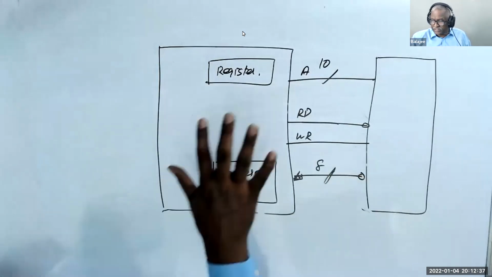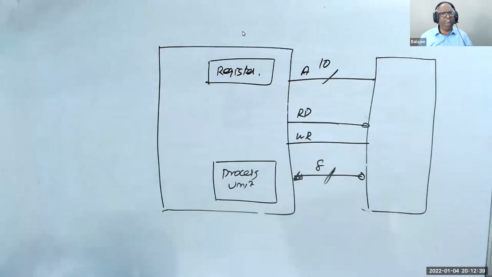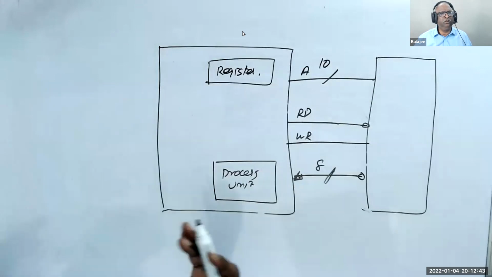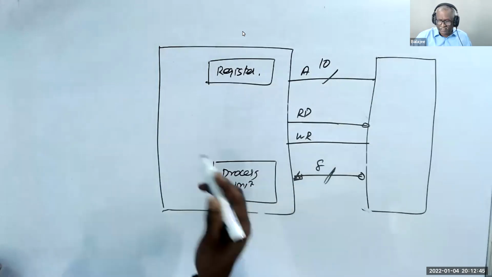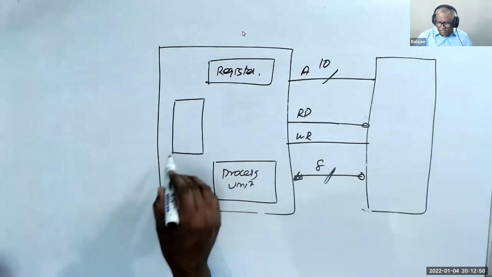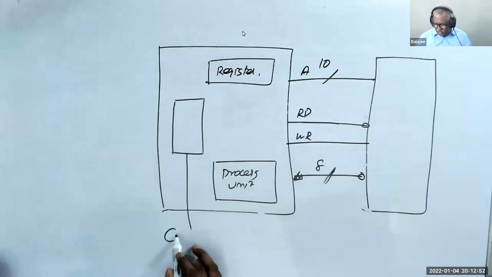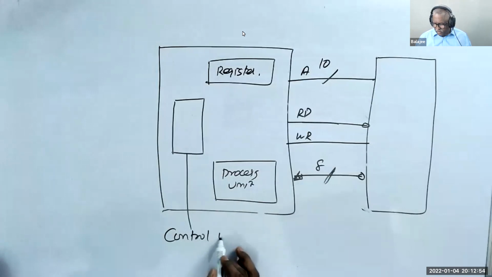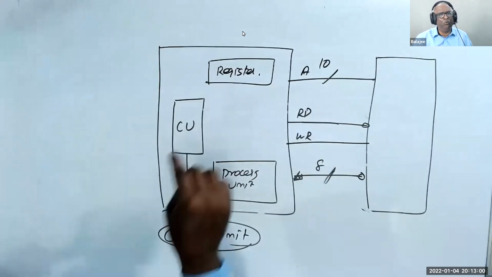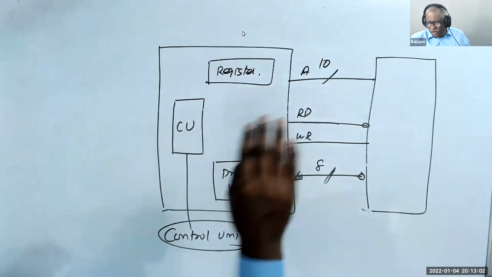We have discussed everything, but the beauty is, it knows how to do things. But who is doing all these things? There's a unit called the control unit, simply CU. That guy is the one who controls all these things.